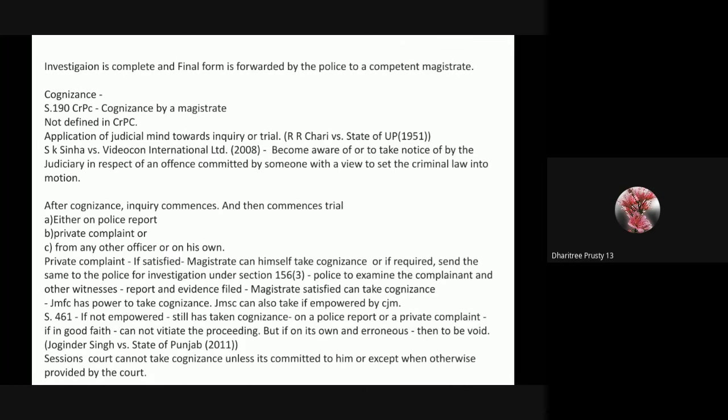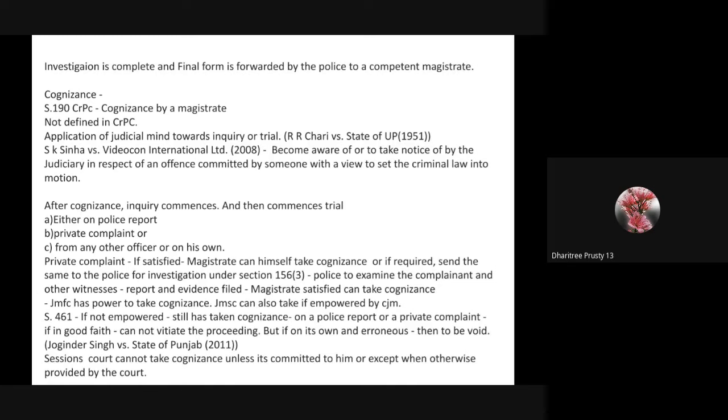So an all-inclusive definition would encompass both the definitions together: application of judicial mind towards inquiry or trial in respect of an offense committed by an accused with a view to set the criminal law into motion.